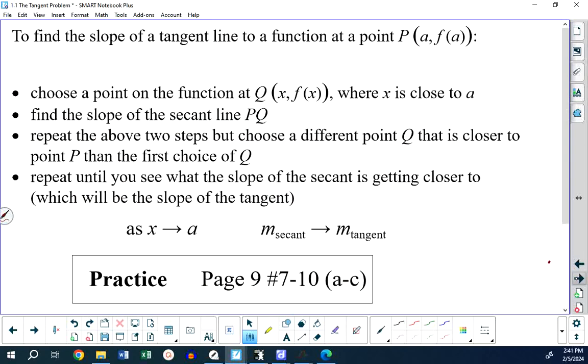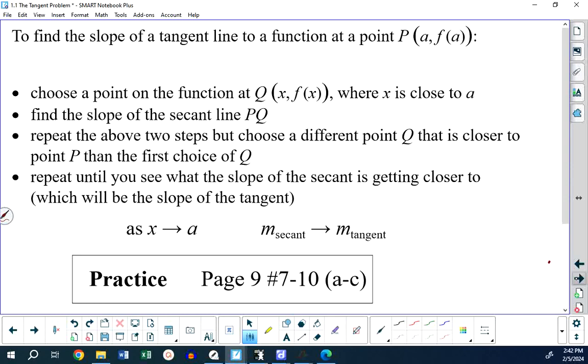But maybe I will review what we did here. When you're doing the problems that I'm going to assign today, you are picking a point P, which is the point where you want to find the slope of the tangent, okay? And you pick a point close to that point, and you call it Q. And you find the slope of the secant, and then you move Q closer to P, and you find the slope of the secant, and you continue to do that, and then you reason out what it would be.